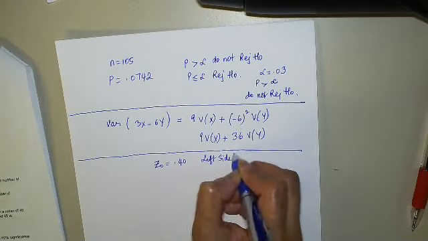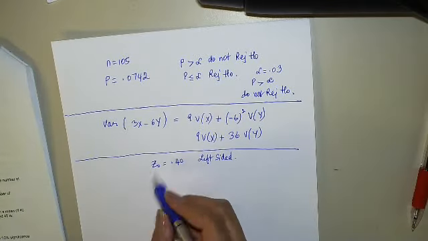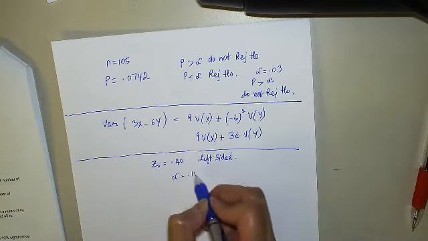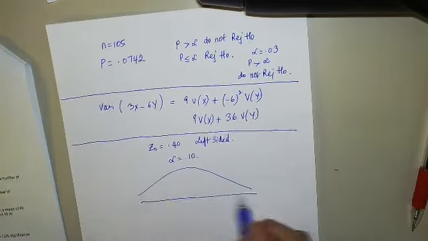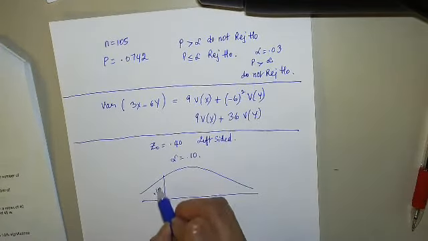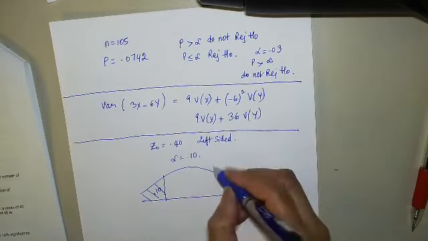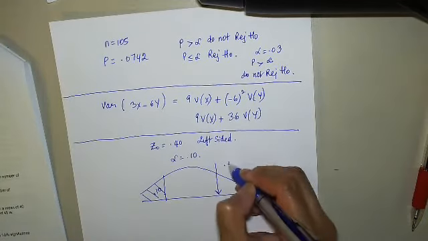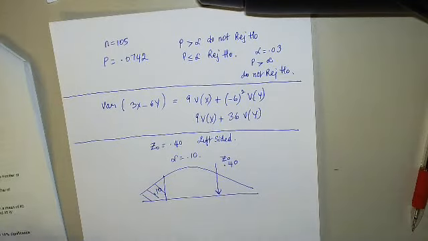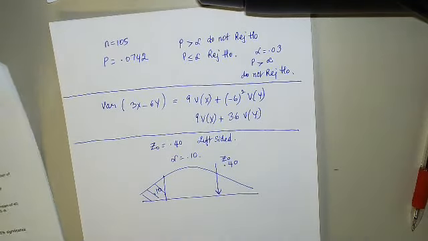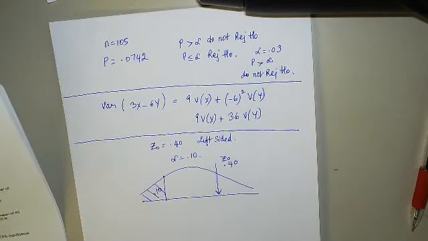A test statistic for a certain left-sided hypothesis test is z naught equals 0.40. It's a left-sided test. At the 10% significance level, which of the following is false? Okay, so let me draw this. Alpha is equal to 0.10, left-sided, and z naught equals positive 0.40. Which of the following is false?